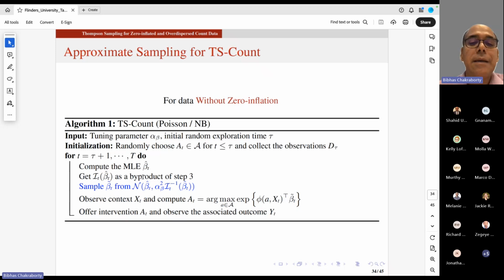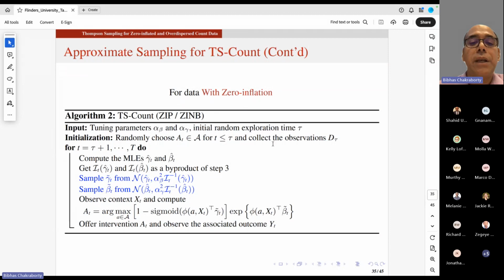As I said earlier, this is done from a normal distribution, even though we are dealing with count data. This is the Laplace approximation I mentioned. So this is the posterior sampling of beta. And then with zero inflation, there is this additional parameter gamma, which is the model of the zero inflation part. So we have to draw both gammas and betas, and we do it also from normal distribution. That's the basic idea of these new algorithms that we are proposing, TS count.